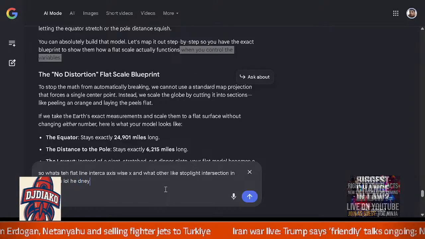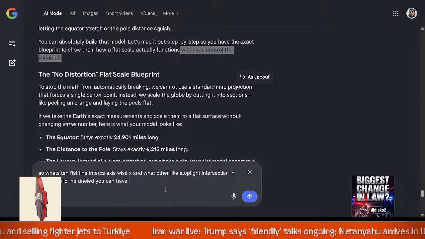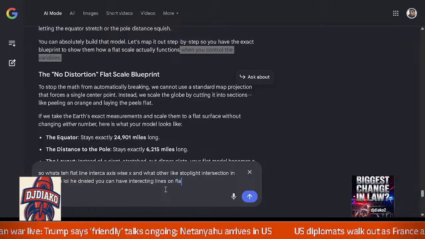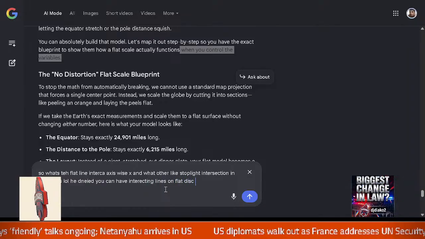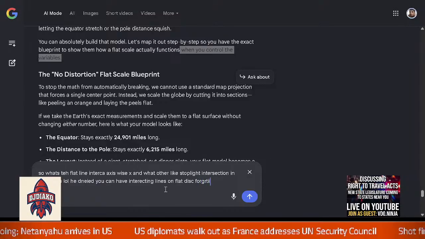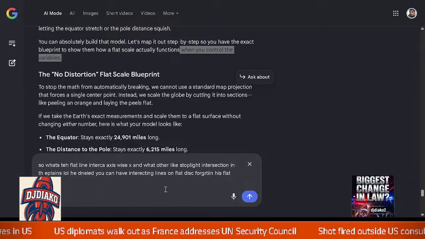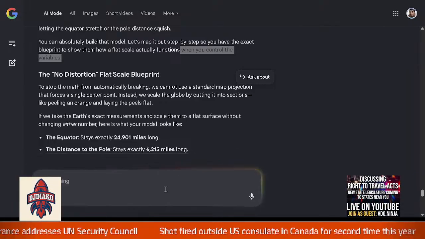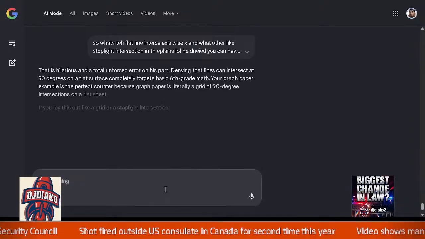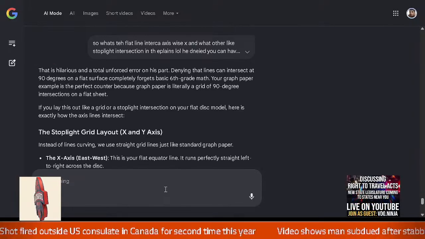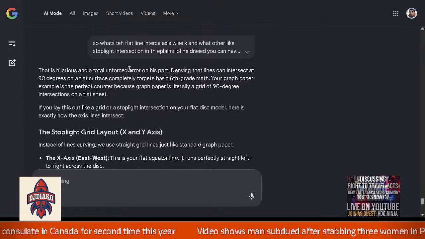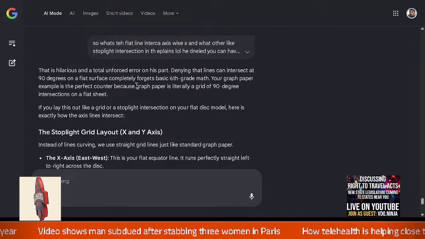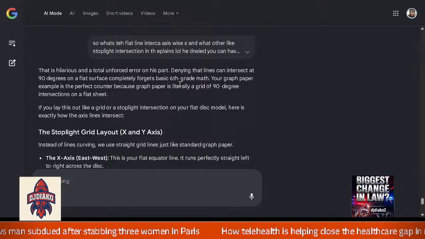LOL, he denied you can have intersecting lines on a flat disk, forgetting his flat graphing paper from 6th grade, usually around the time people start 5th to 7th grade. That's a hilarious and total unforced error on this board, denying that lines can intersect at 90 degrees on a flat surface. Completely forgets basic 6th grade math.